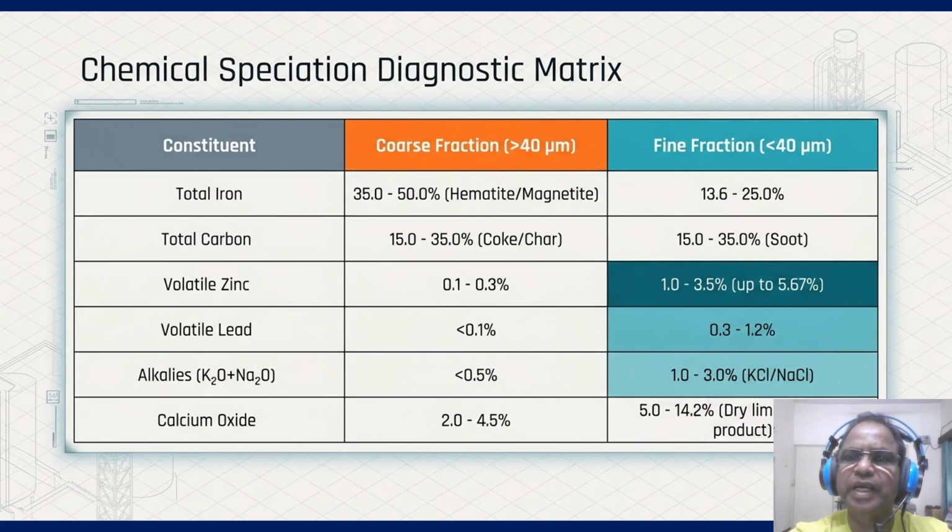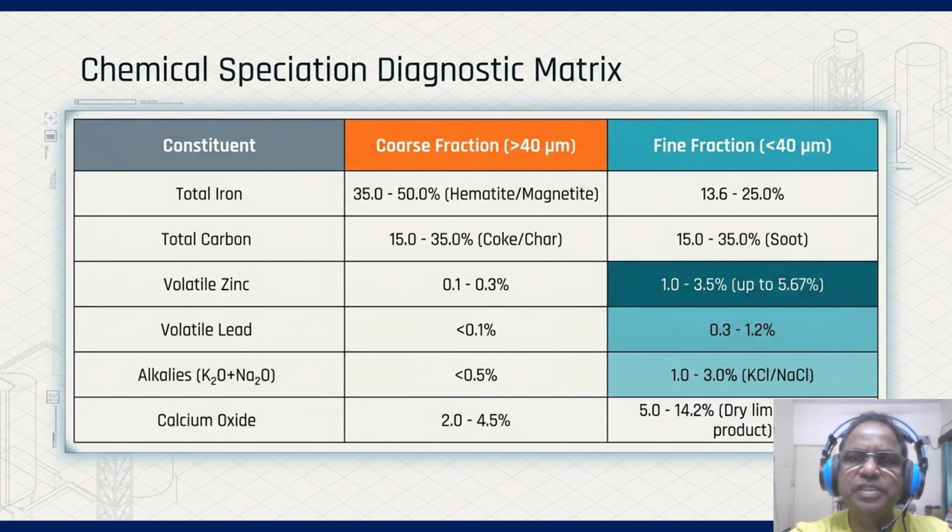This chemical breakup tells us exactly where the bad actors are. We can recycle the coarse streams easily, but the fine stream requires specialized processing because it is a primary exit point for alkali and heavy metal in the furnace.